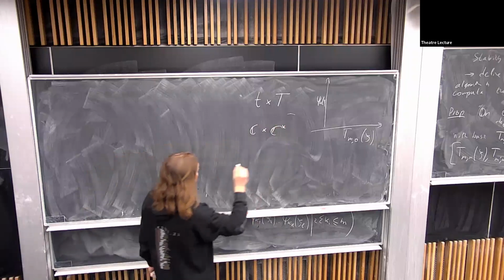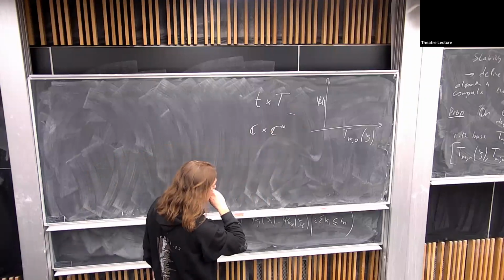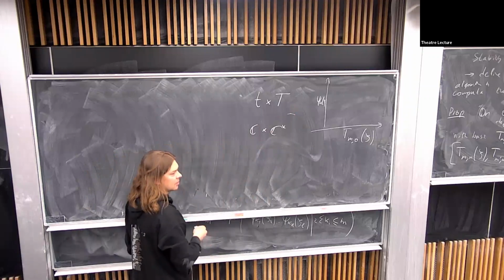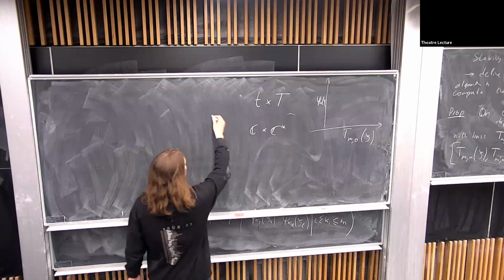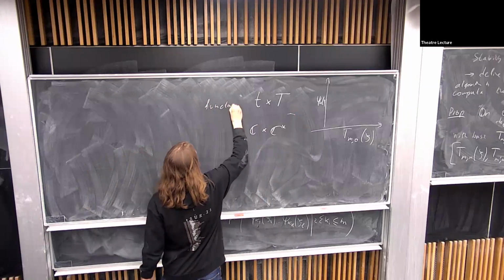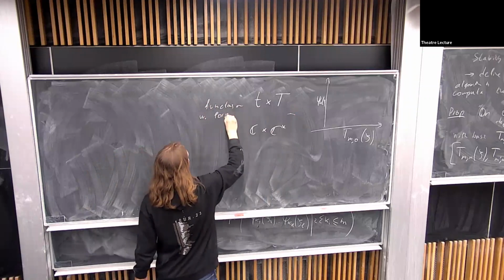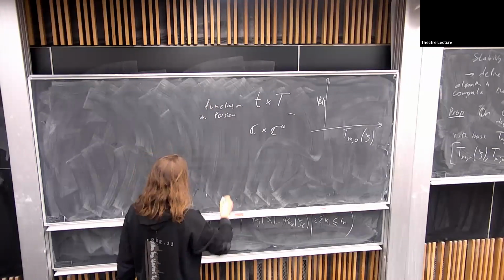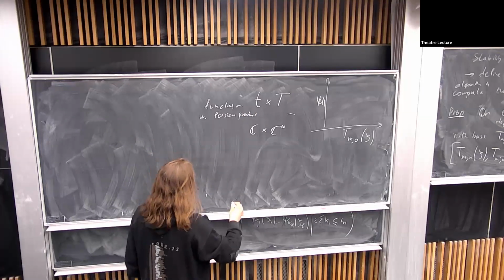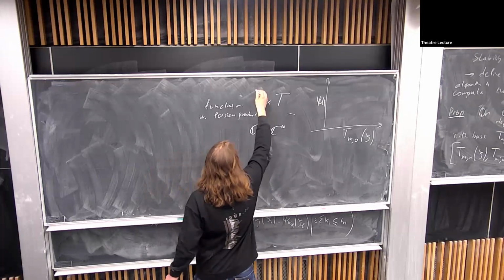So this is actually the Lie algebra of Poisson functions on these spaces with respect to the Poisson product.